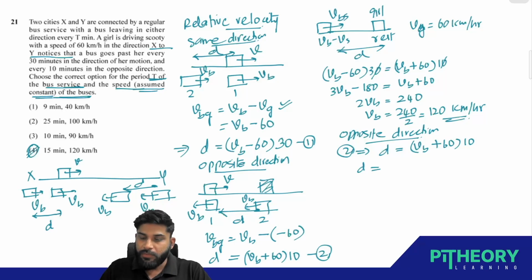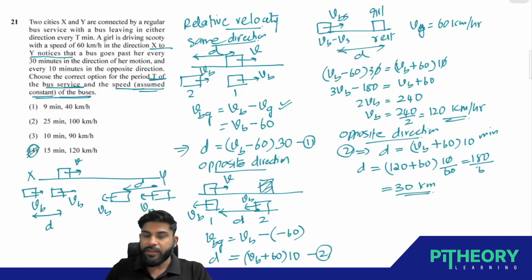So D will be equal to 120 plus 60 into 10 by 60, because we wrote it in minutes and need to convert to hours. So 120 plus 60, which is 180, divided by 6. So D is equal to 30 kilometer.